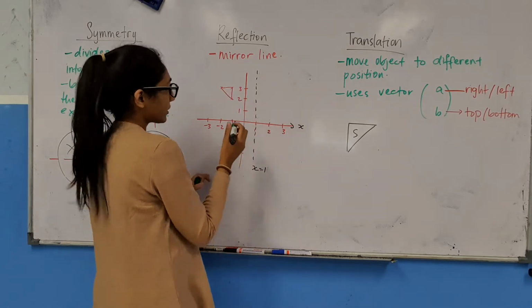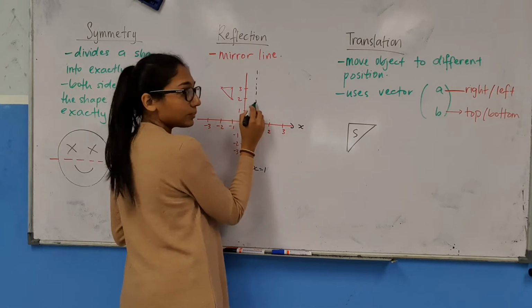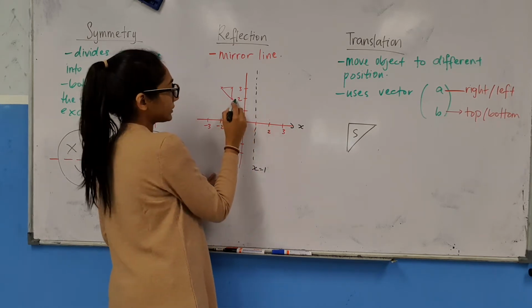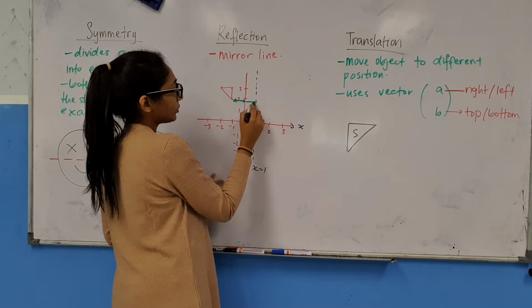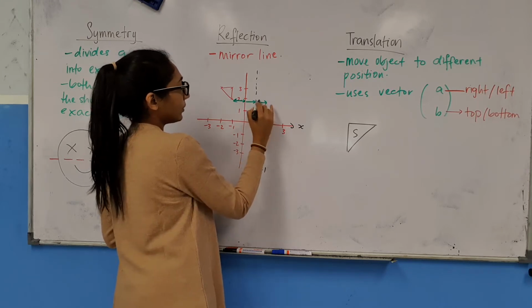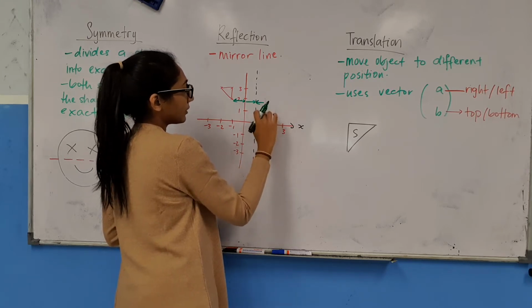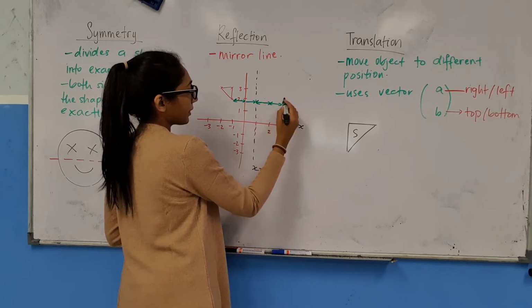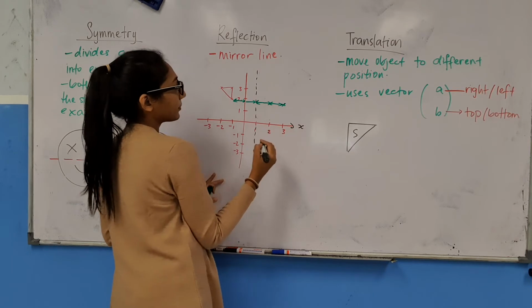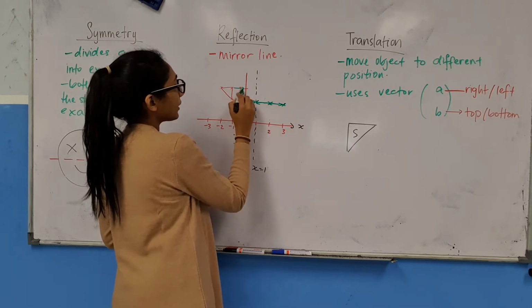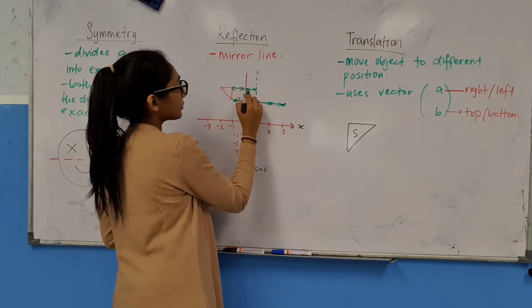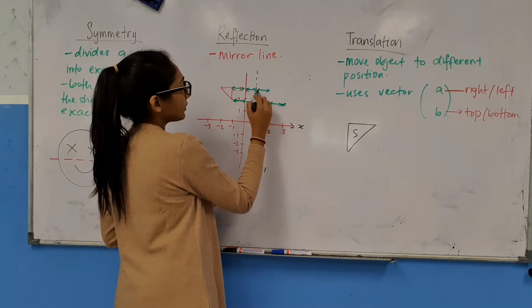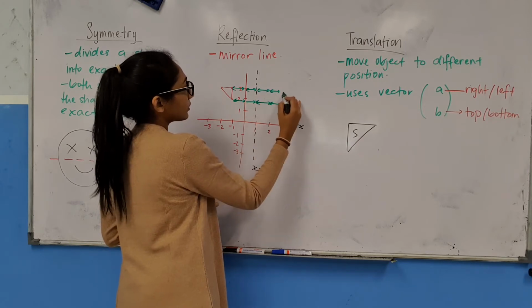So we count. So from here right up to the mirror line, how many boxes? 1, 2. So I draw here. So 1, 2. So this will be my first point. And then this one, 1, 2. So this one here.